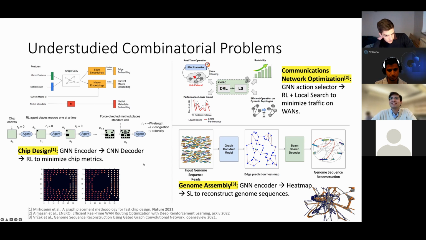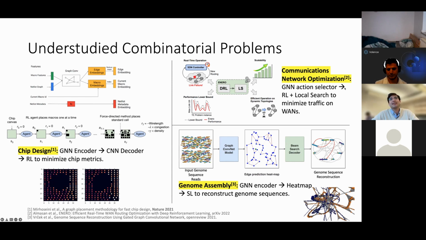Some other ones which I found really cool. One is on communication network optimization, like our internet networks or wide area networks, right? Essentially here you have these networks and sometimes some bottleneck or traffic forms on them, and then the question is, how do you cut or open certain paths to mitigate that traffic?